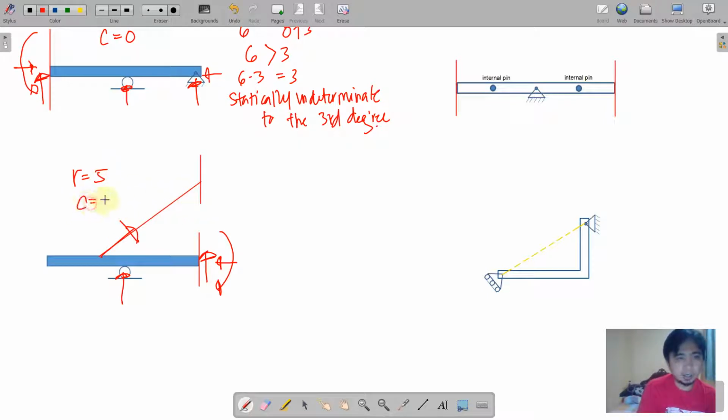Again, we do not have any internal support, so C is equal to 0. Therefore, R is compared to C plus 3. Then 5 is obviously greater than 3. So the excess is 2, 5 minus 3. Therefore, this is statically indeterminate to the 2nd degree.